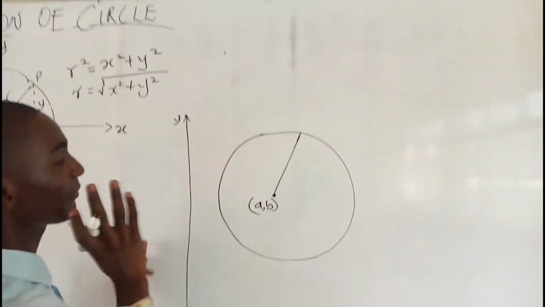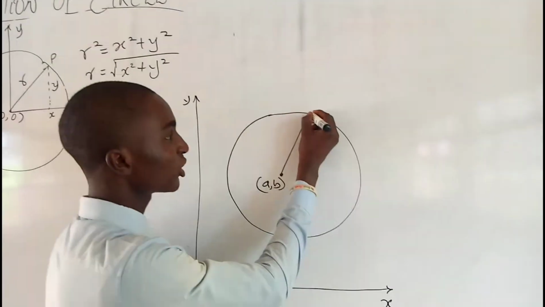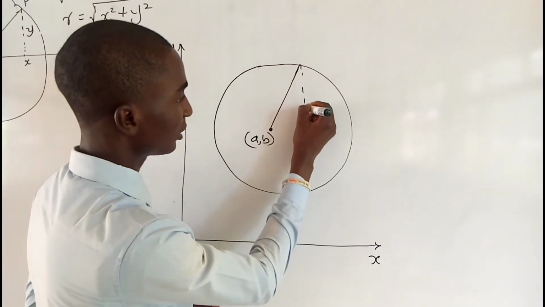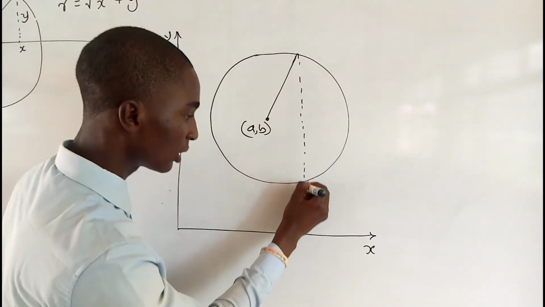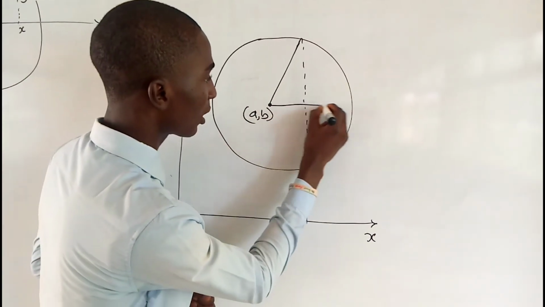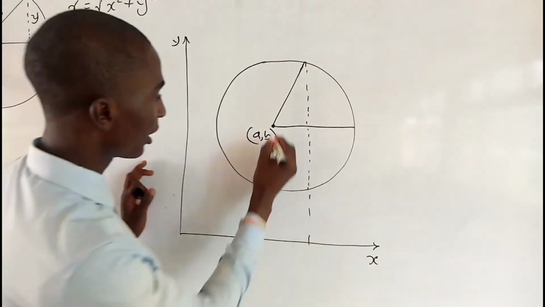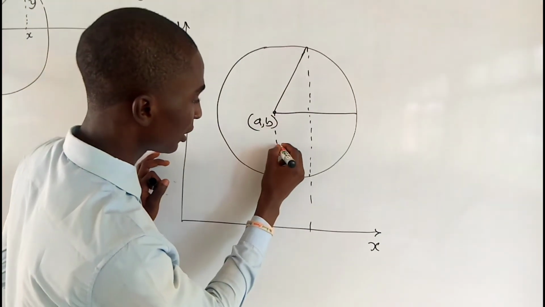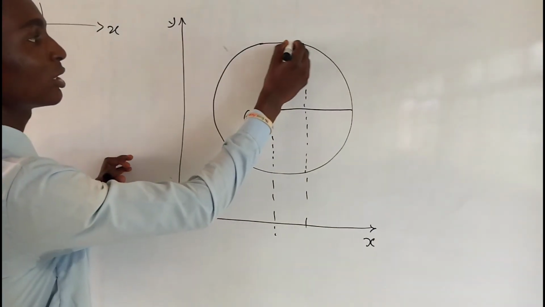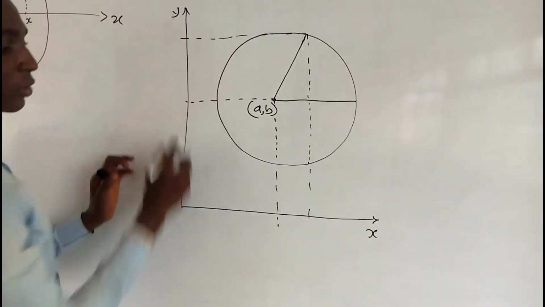Now we want to derive the standard equation of a circle. We take this point down to the x axis in the Cartesian coordinates, directing it straight down here. Also with this, we trace this down here.